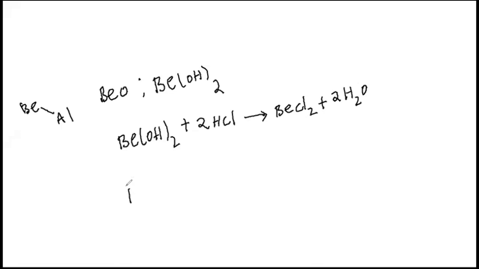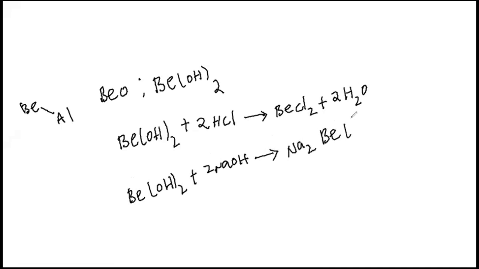And the same beryllium hydroxide, when it reacts with a base like NaOH, that is 2NaOH, it gives Na2[Be(OH)4]. We can write [Be(OH)4] 2 minus.